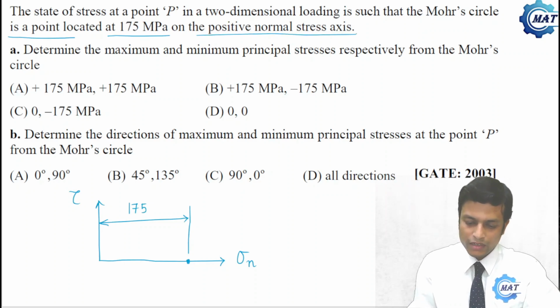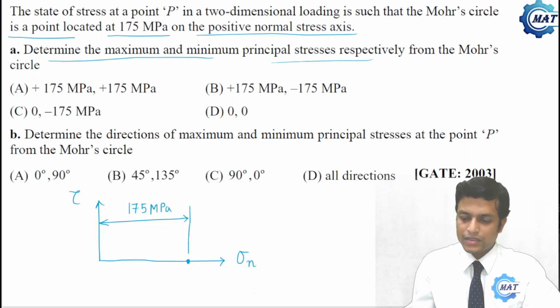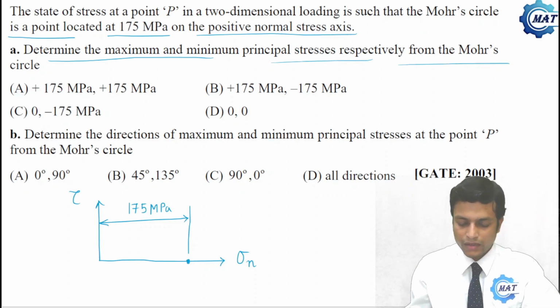This is the positive normal stress axis, so this is 175 MPa. Determine the maximum and minimum principal stresses respectively from the Mohr circle.